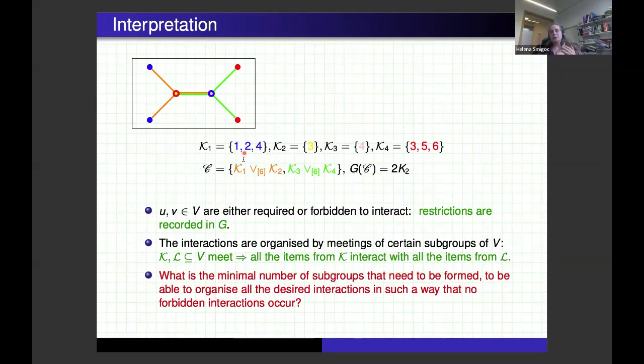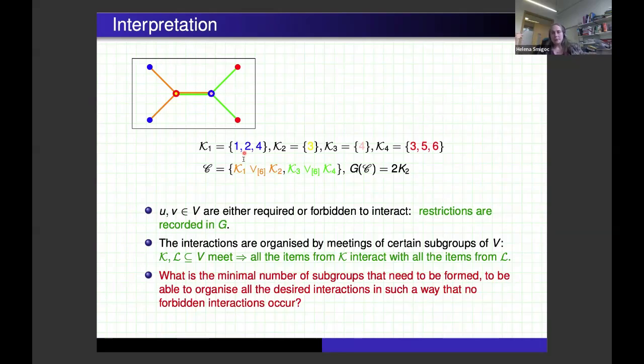And now we would like to organize these interactions by certain meetings of subgroups. And if two subgroups meet, then every item from the group K interacts with every item from group L. So if two items are forbidden to interact, then one can't be in group K and the other in group L if K and L meet. So we need to avoid that.